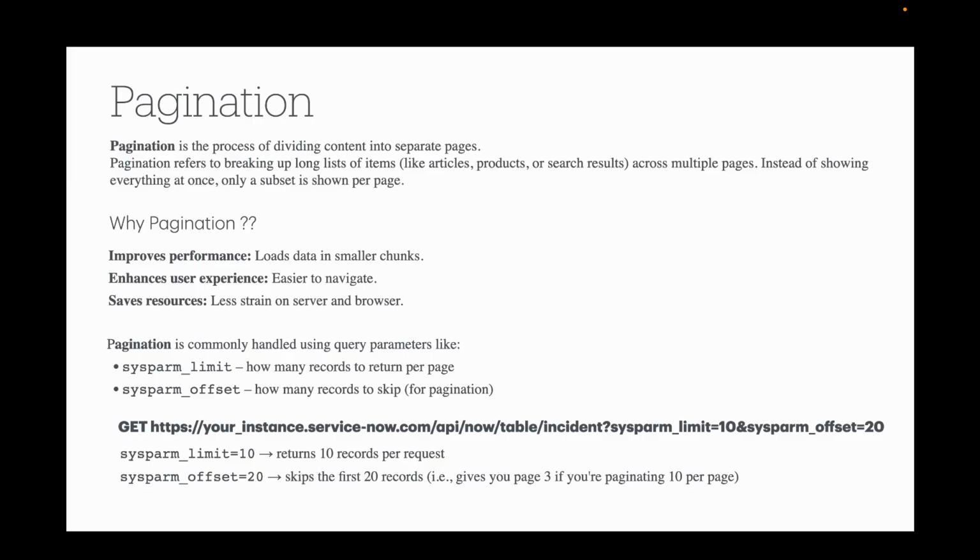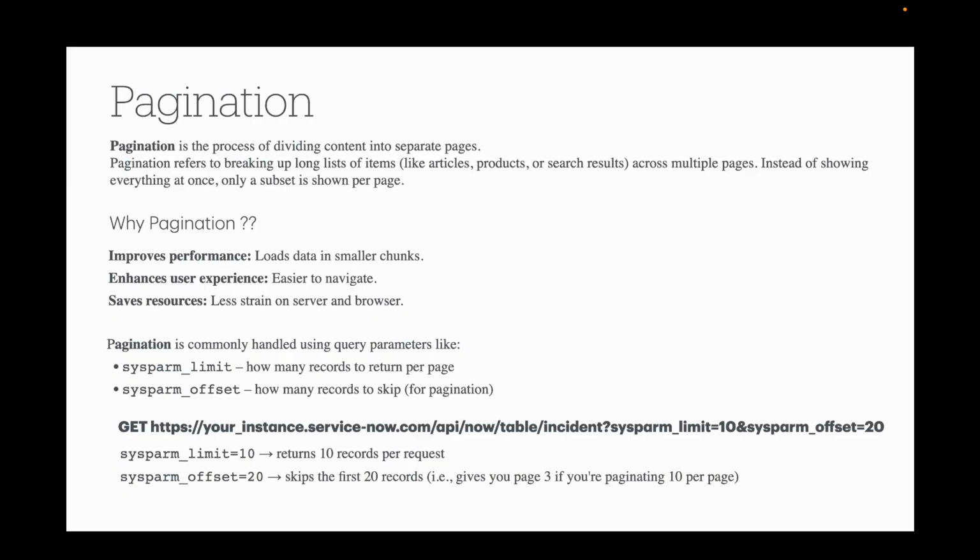Earlier in this video, I told you about query parameters. Query parameters are nothing but the filters that we apply. So sysparm_limit tells us how many records to return per page, while sysparm_offset tells us how many records to skip.